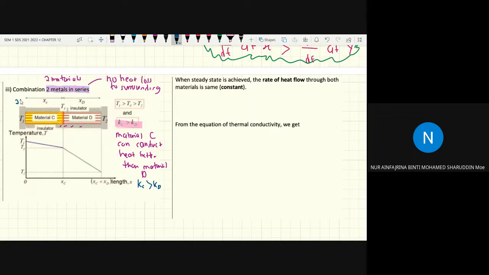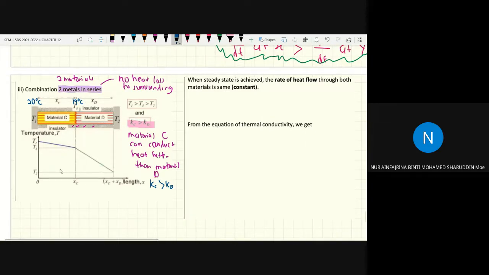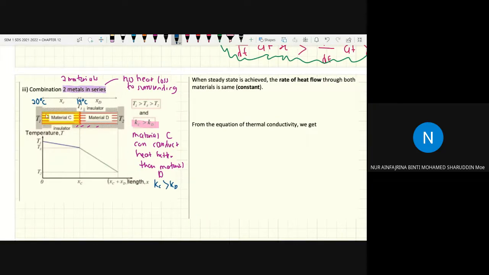Jadi contohnya awal-awal temperature dia 20 degree Celsius. Tetapi bila dia dah reach dekat T3 ini, dia punya temperature akan jadi 19 degree Celsius. So maksudnya sekarang dia cepat panas. Material C ni cepat panas.